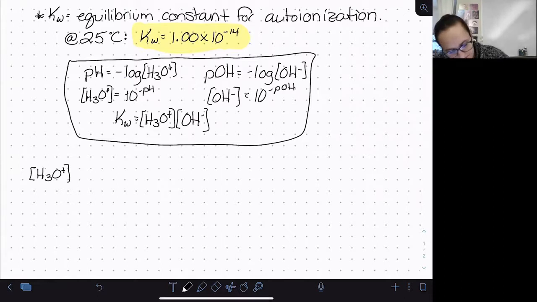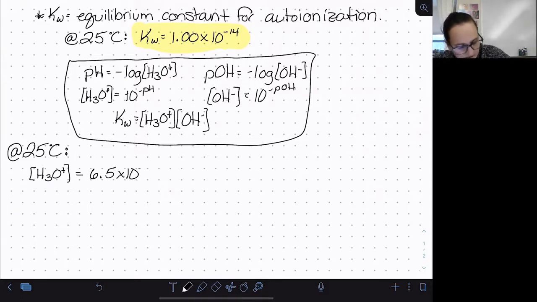So we'll say we are at 25 degrees Celsius here, which means that this is our value for Kw that we can use. If we have a hydronium ion concentration of 6.5 times 10 to the negative 4th molar, I would like you to take a moment and, exactly like we did last time, calculate the pH.